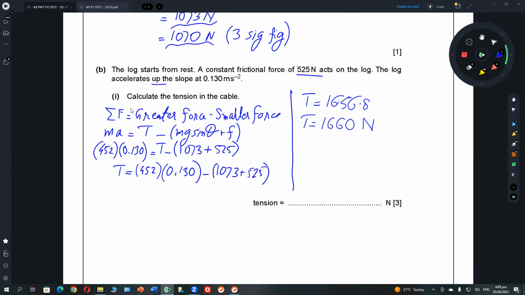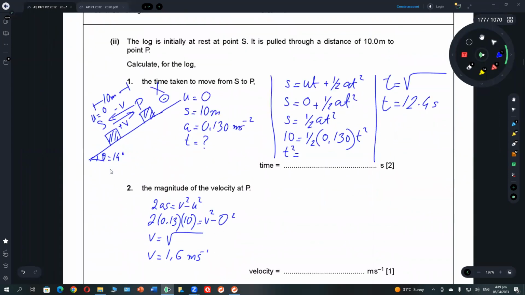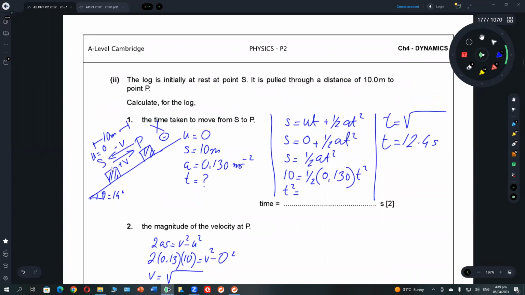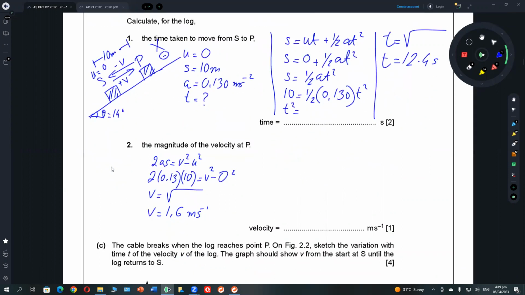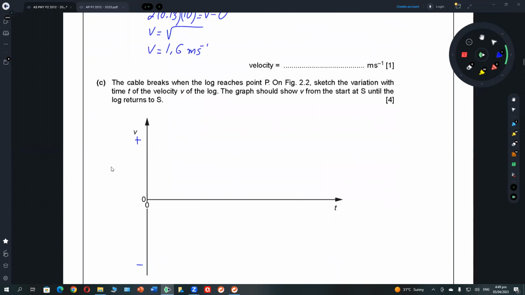So the log starts from rest. So do you think the initial velocity will be zero here? Yes. And what is the velocity at P? 1.6 meter. So now help me in drawing the graph.